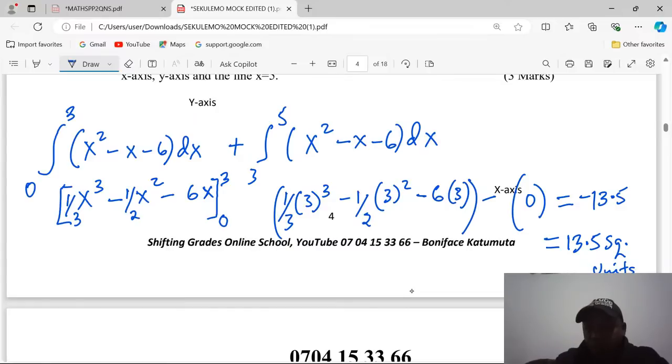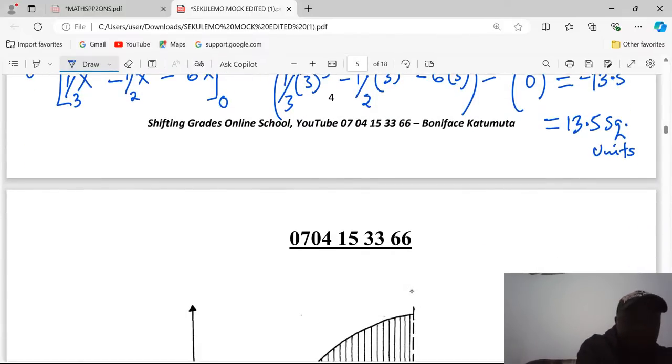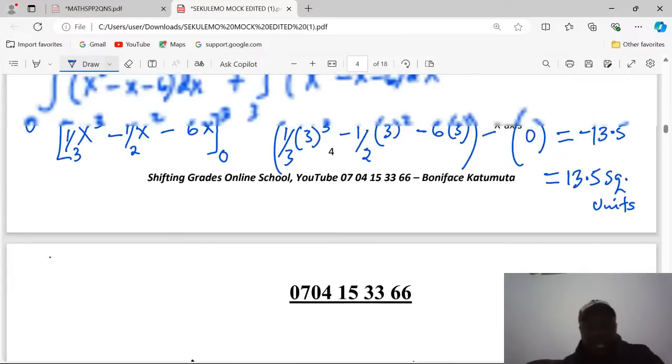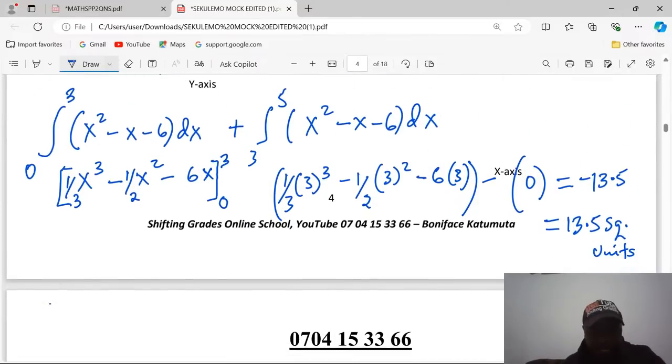So we now forgo the sign and we adopt the size of the area. The negative is just to show where the area is located, below the x-axis. Now we are taking the same function because we have the function already integrated. Now we are going to fix from 3 to 5.